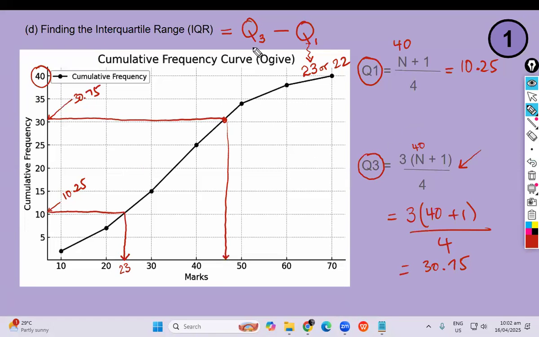The Q3 value is looking like 47 or 48. I think that should be 46, so between 46 and 48. I think that's reasonable to assume. So to get your final answer now, you take whatever final answer you get for Q1, and whatever final answer you get for Q3, and you minus it. Everybody's going to get slightly different answers, so I'm just going to send an approximate answer here.